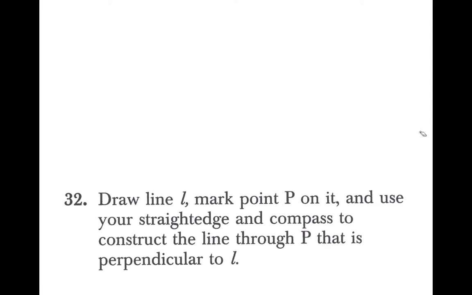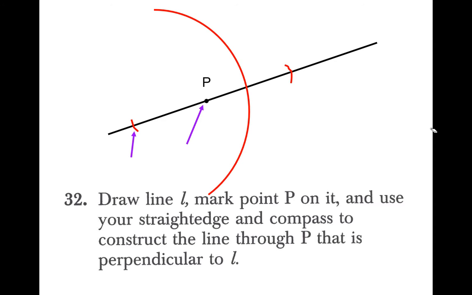Okay, next, draw line L. Put a P on it, and then construct a line through P that's perpendicular to L. So we'll walk you through that again. Start there. Do two arcs. Don't change your compass in between. Go to one of them. Do the big arc.